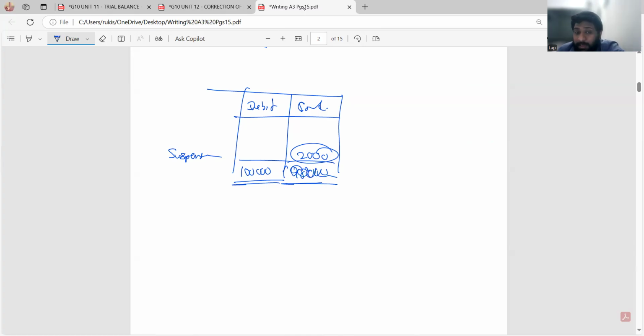But you should understand, as the result of the mistake, the debit side is bigger. Because of the mistake, 2000 came to the credit side of the suspense account.